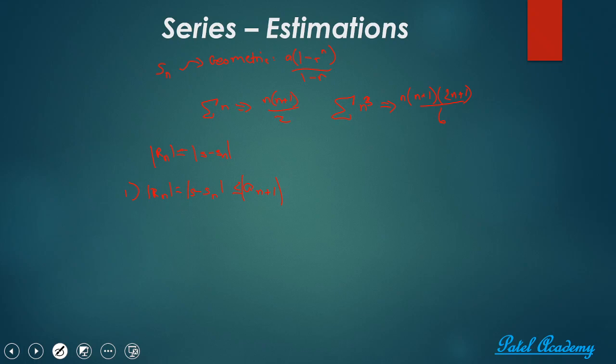Sometimes this is a method that AP doesn't require you to know, but if you want to do a fast calculation, if you have time and you want to be more accurate, this is one that you can use. It's the following. S sub n plus the integral from n plus 1 to infinity of the function.